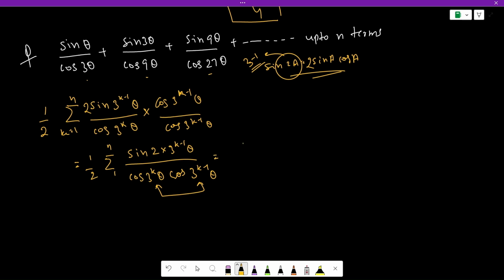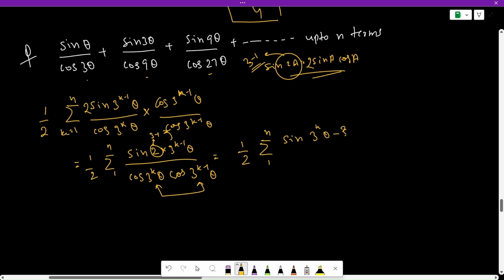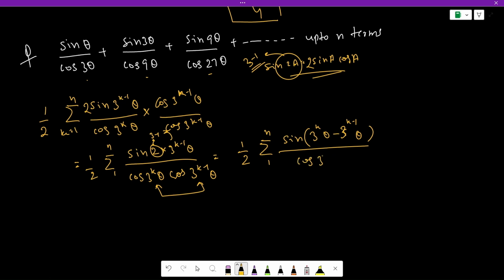So this is equal to 1 by 2 summation 1 to n sine. Now we will write this as 3 minus 1 and then just multiply them. So this will become sine 3 to the power k theta minus 3 to the power k minus 1 theta, and divided by cos and cos.